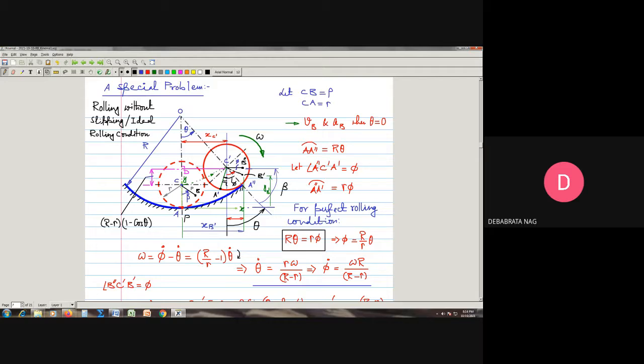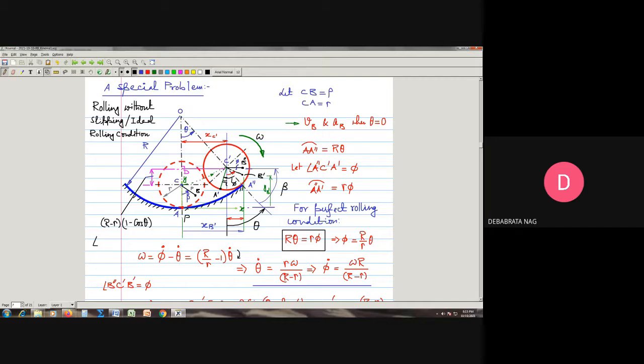So we need to write here the angle. I'm sorry, the angle specification was incorrect.